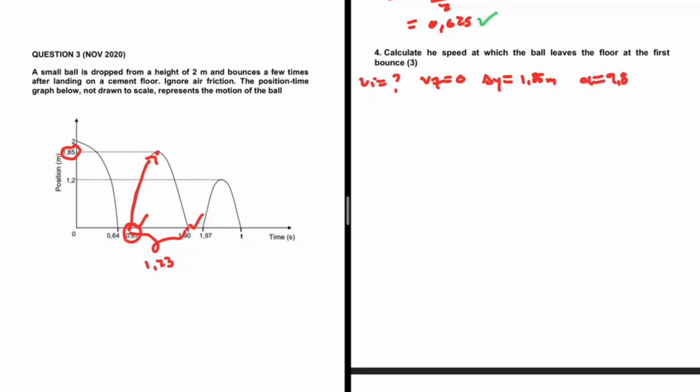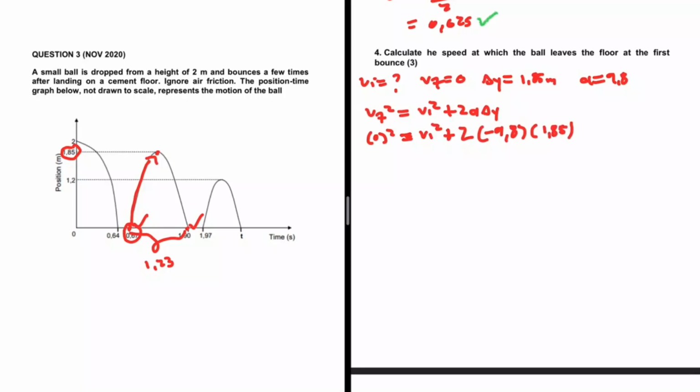With these 4 variables, we can say that VF squared is equal to VI squared plus 2A delta Y. VF is 0, so we have 0 squared being equal to VI squared plus 2 times the acceleration, which is minus 9.8. We take up as positive, and the displacement is plus 1.85.